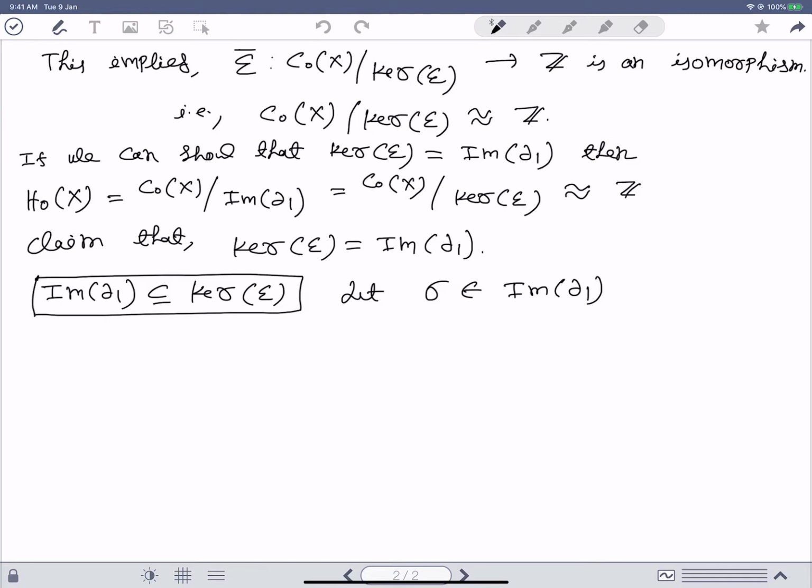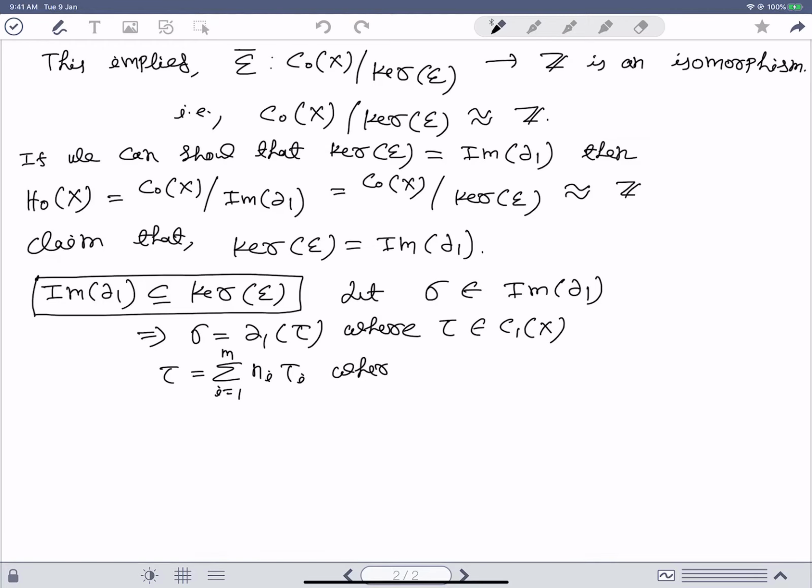Now since sigma belongs to the image of del 1, that implies sigma equals del 1 of tau, right, where tau belongs to C1 of X. That means tau equals the summation i equal to 1 to some number m of n_i tau_i, where tau_i are singular 1 simplices, that means tau_i are maps from delta 1 to X.